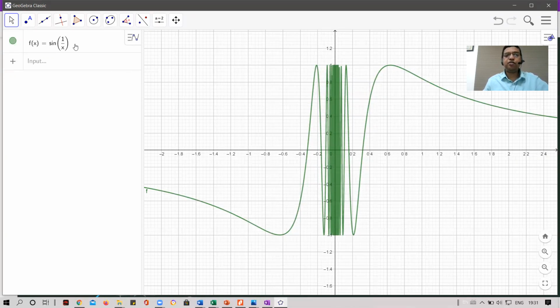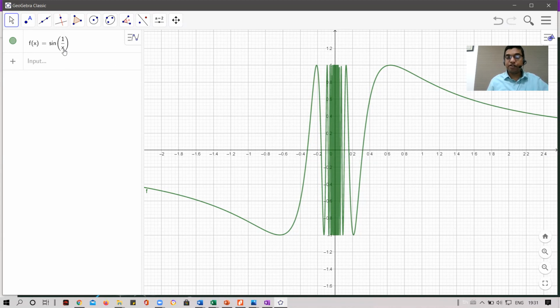Now, the sine of any number lies between -1 and 1. But as x is approaching 0, the radian values inside are approaching infinity, and that too very, very fast. So as x tends to 0, say x equal to 0.1, then 1 by x will be 10.